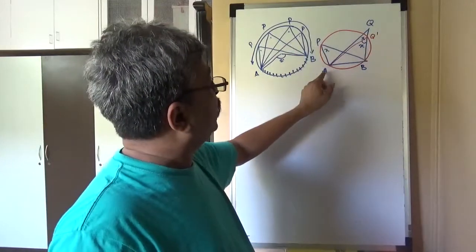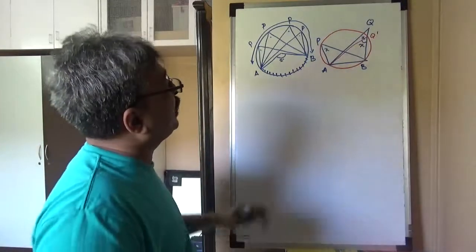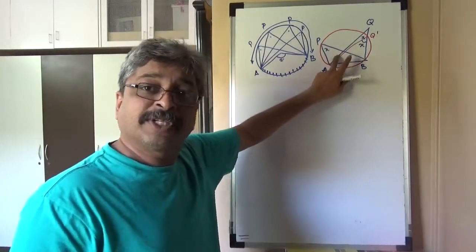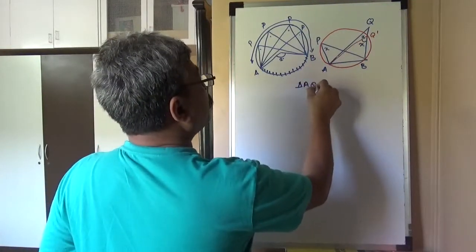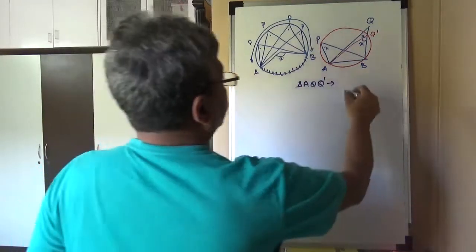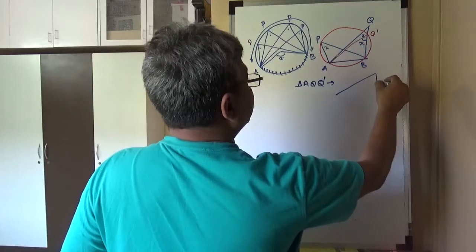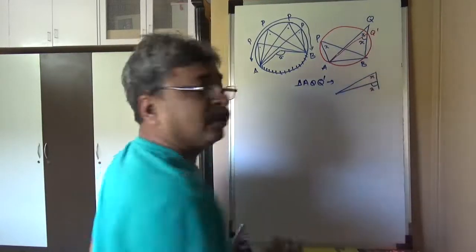Then by the previous theorem, AQ'B is an inscribed angle and its measure should be equal to X because of the equalness property, and therefore in triangle AQQ' you find that one angle is X and the other angle is also X. The exterior angle is X and the interior angle is also X.